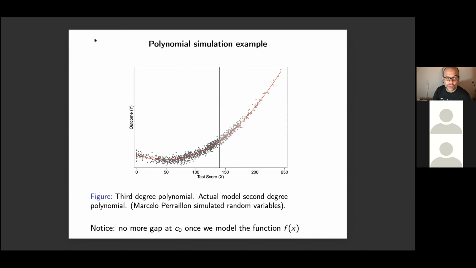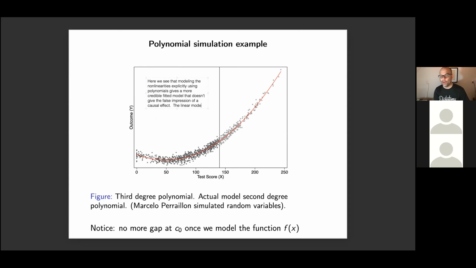Here we see that modeling the nonlinearities explicitly using polynomials gives a more credible fitted model that doesn't give the false impression of a causal effect, right?